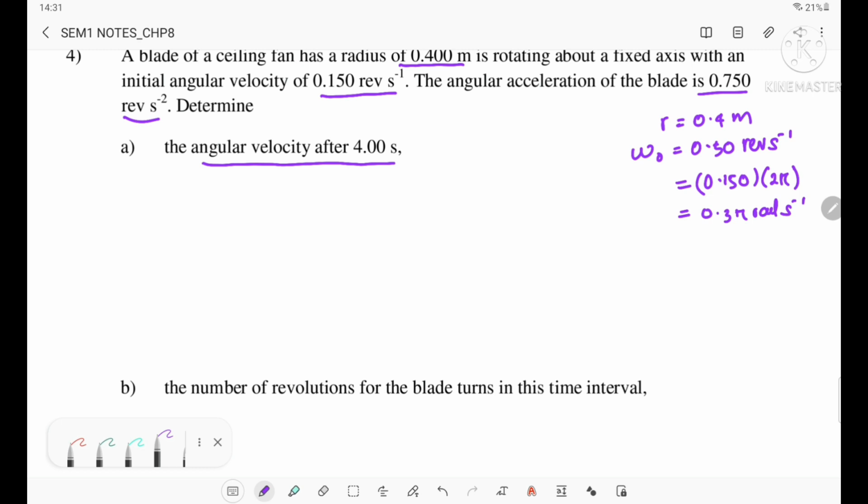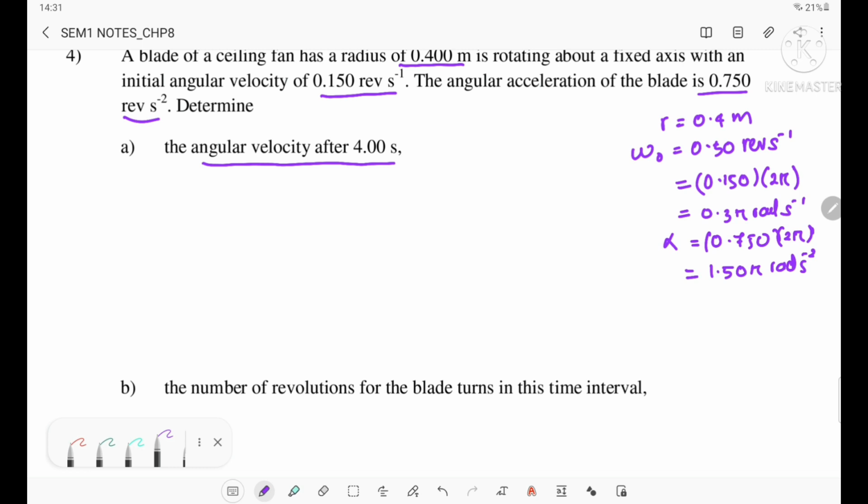Next, you need to convert the angular acceleration alpha, equal to 0.750, convert into radian, times 2 pi, and then we get 1.50 pi radian per second squared.